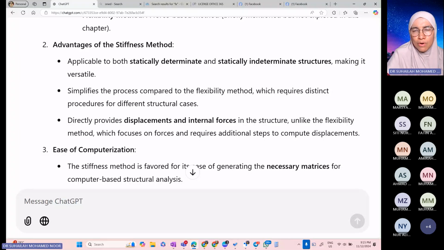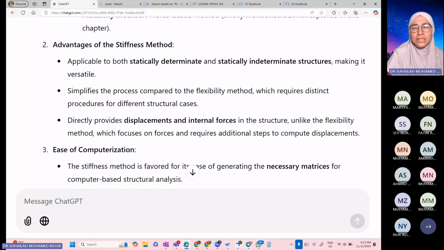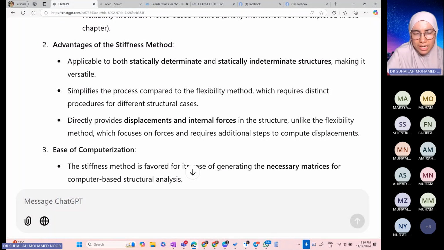Formula dia formula matrix dan solution dia is very simple, after you understand the concept, the fundamental. So fundamental is very important sebab walaupun formula dia matrix formula, solution dia solution matematik biasa, matrix multiplication, but still fundamental is very important.